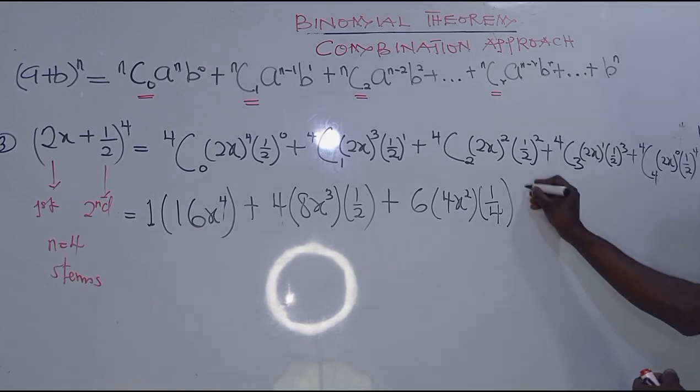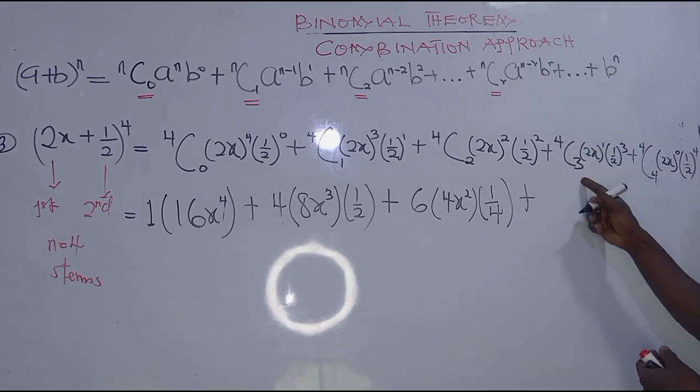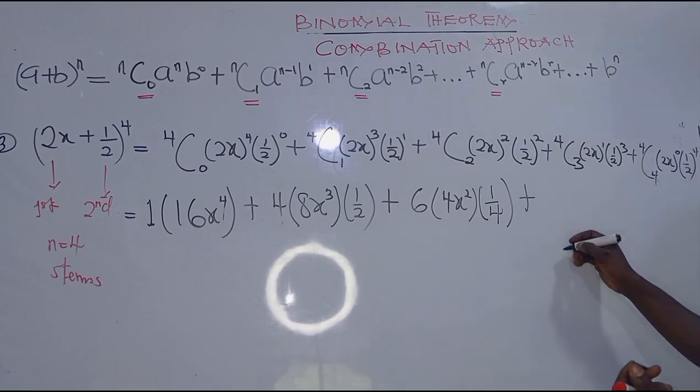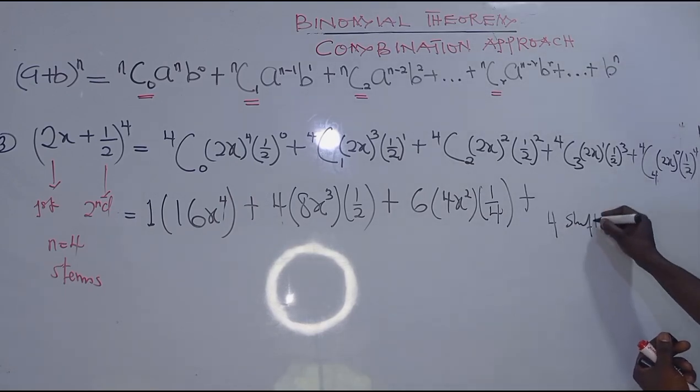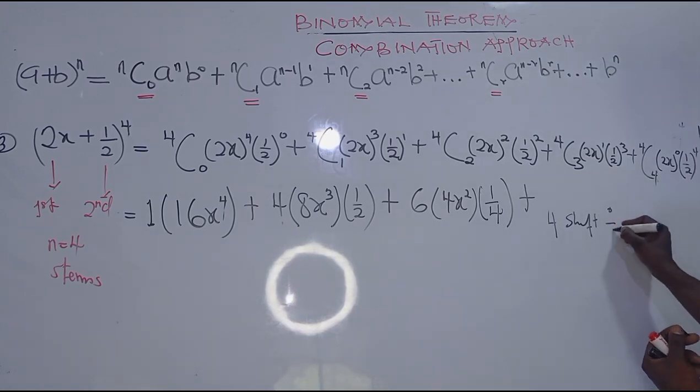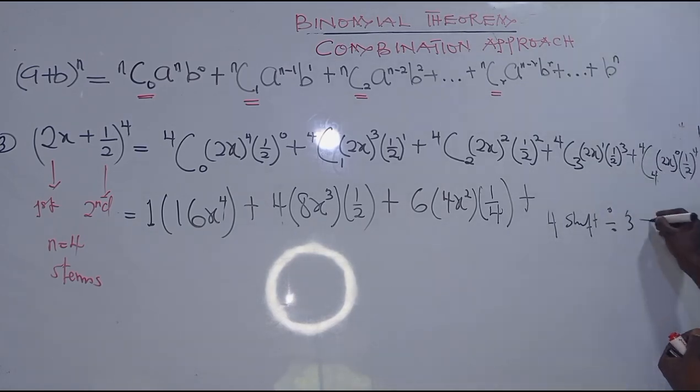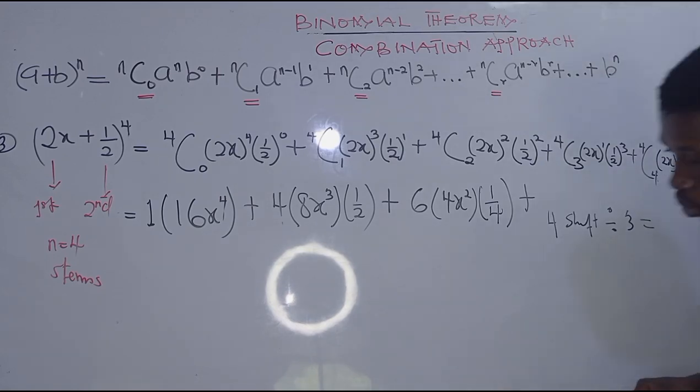Good. And then we are at this row. 4 combination 3 will give you 4. You can punch it on your calculator. We have 4 and then shift. You press division sign and then what? 3. You press equal to. It will give you 4.